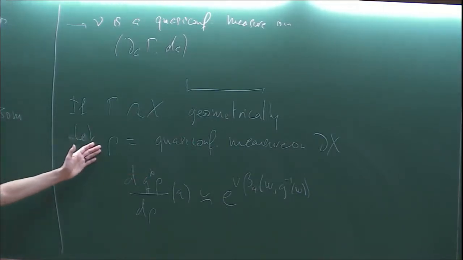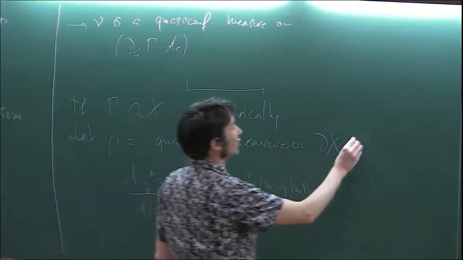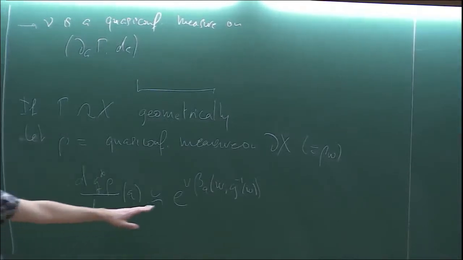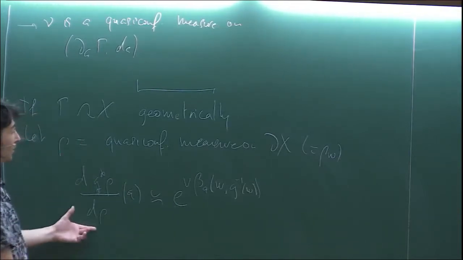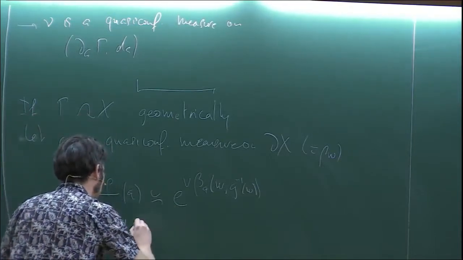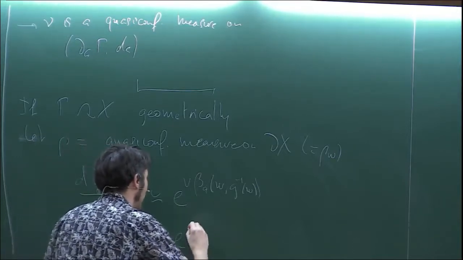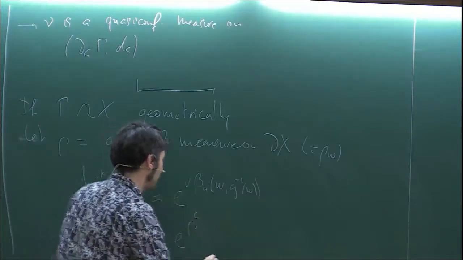The way the quasi-conformal measure is constructed, it is associated to a base point, as was explained to us yesterday by Linshu. So here, implicitly, this one is a rho sub w measure. That's why w appears in the Radon-Nikodym derivative. Okay, so you see that for harmonic measure, it is exactly the same formula, but with an equality, and so it was e to the Busemann function for the Green metric.